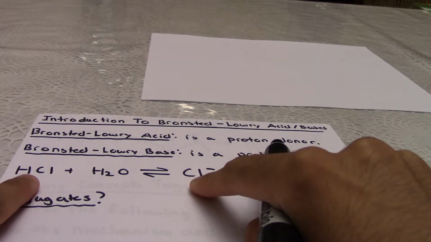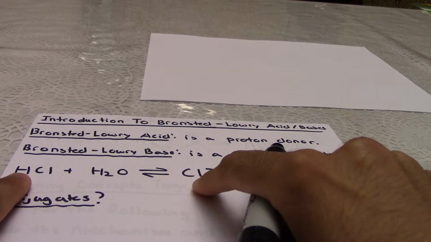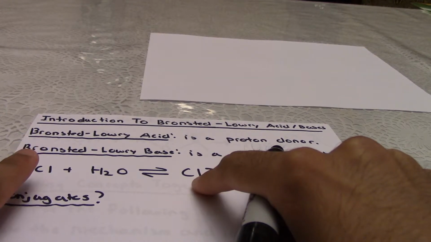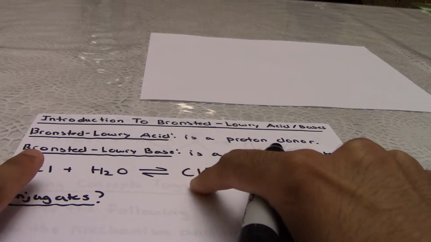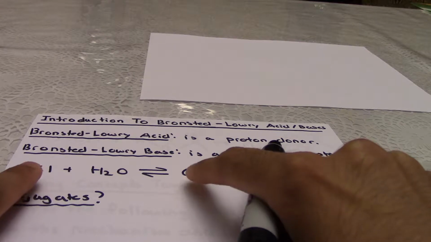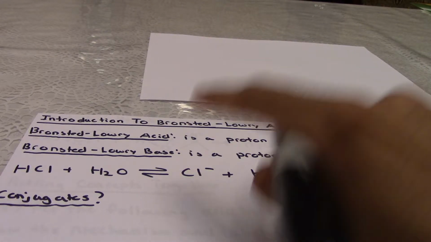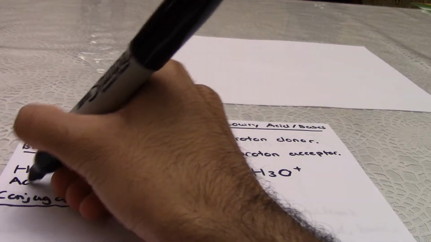The only difference between them is that this has a hydrogen and this doesn't. And what does that tell me? That tells me that this lost a hydrogen in order to become one. So in another sense, it was a donor. So this donated its proton to become a Cl minus. So I automatically know that this is going to be my acid.